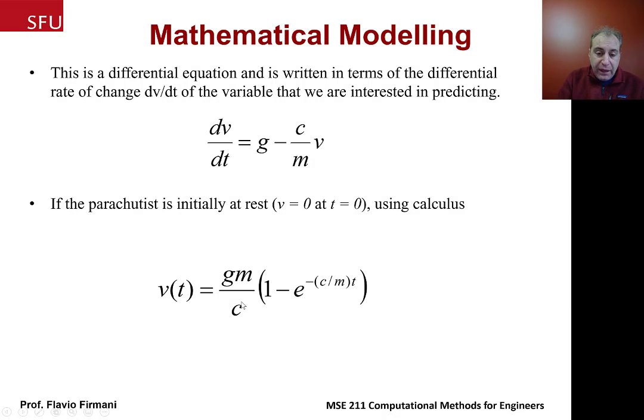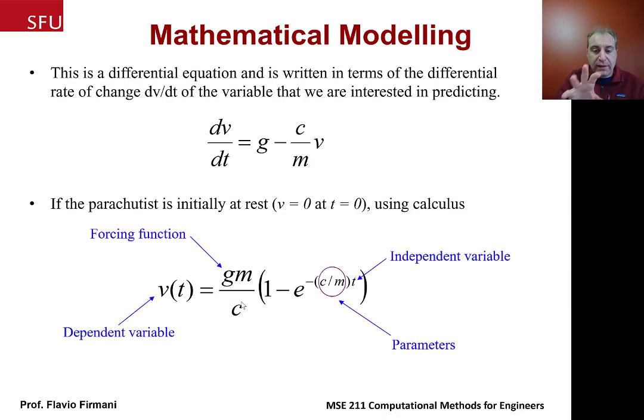So what we have here is all the elements that we described before. The velocity is our dependent variable, and time is going to be our independent variable. So as time increases, the velocity will increase until it reaches that maximum velocity.